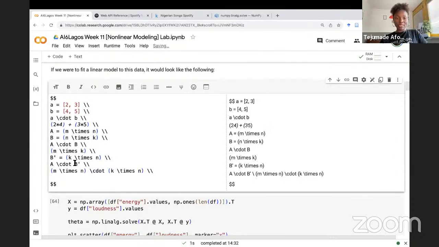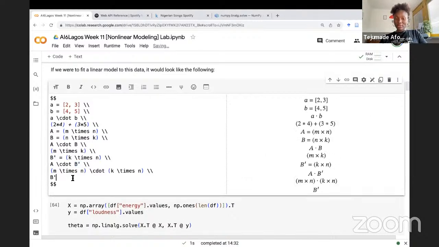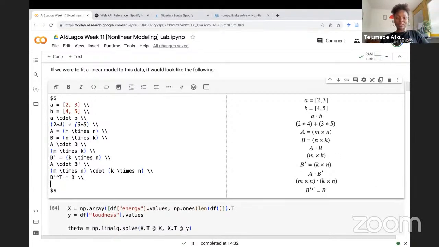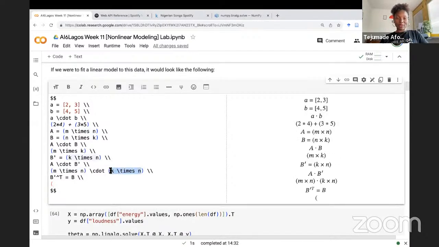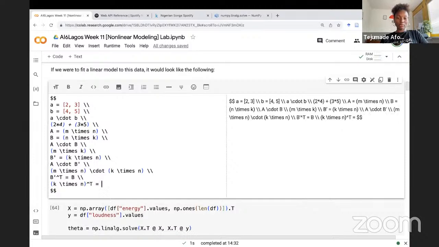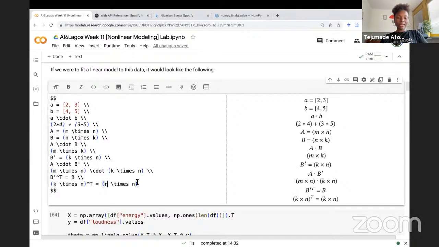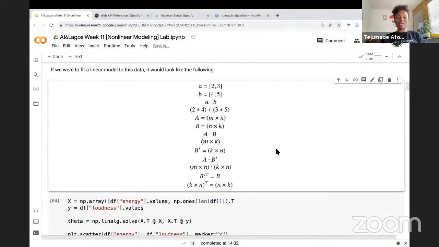So what we need to do is take this B prime and transpose it, and voila, B prime transpose gives us B. This K by N that we have, once we transpose it, becomes N by K, right? K by N transposed is N by K. And what is N by K? Surprise, surprise, that is B.